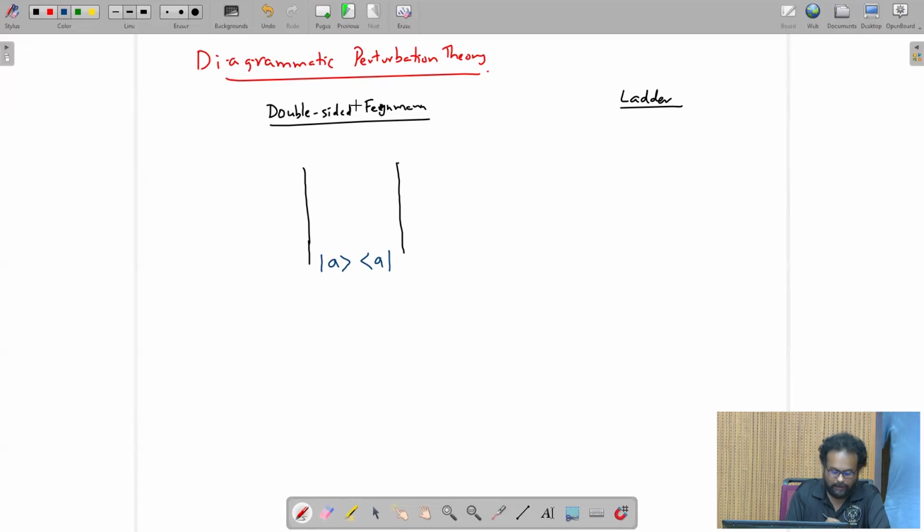Now I want to have a field interaction, which is represented by an arrow. Say this is my C1, at time 0. If I am acting on the ket side, I will raise only the ket side. Makes sense, right? Let's say I have another state B; I raise the ket side, keeping the bra side the same.